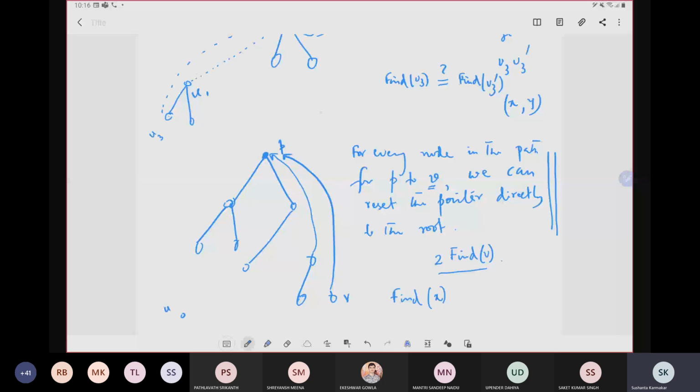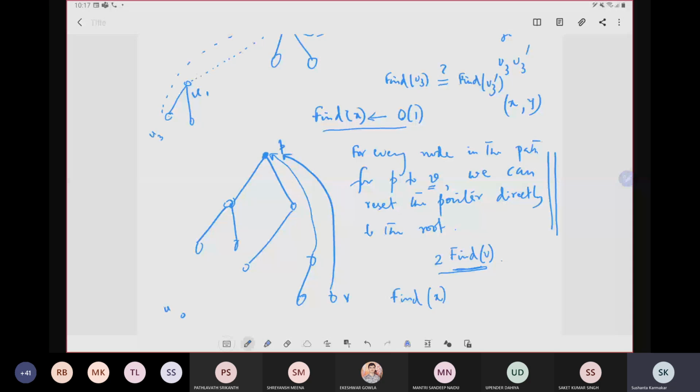So that essentially means that initially, for the first time I am doing find V for a particular V, instead of just doing it once, I will do it 2 times, just to reset these pointers. And every later time, any such find operation comes for any node in that path, it will require a constant amount of time instead of log n amount of time.